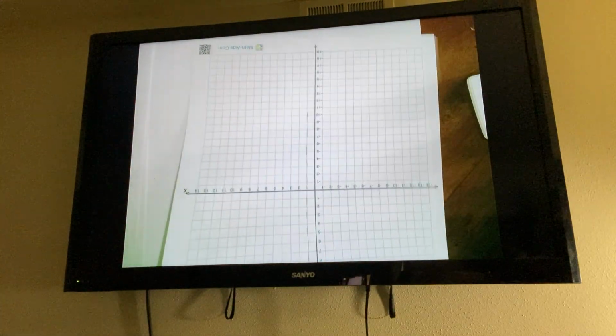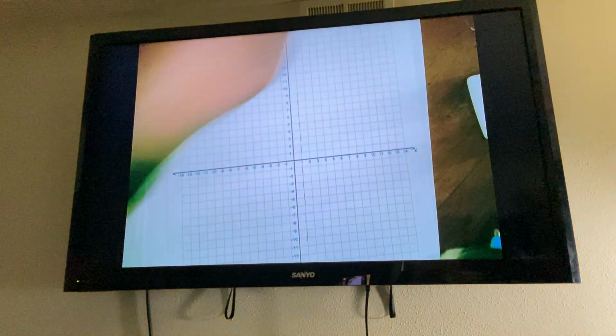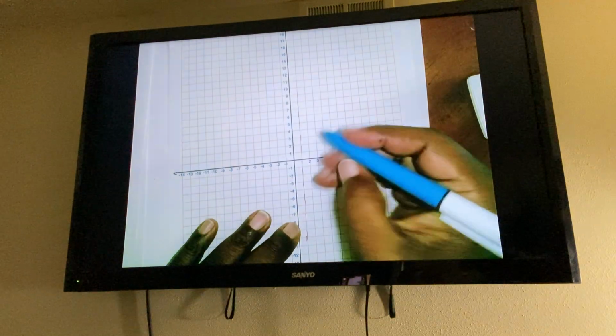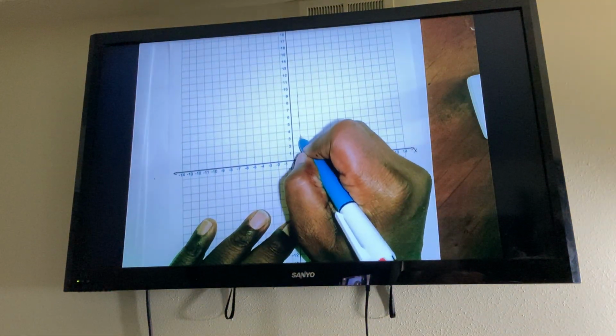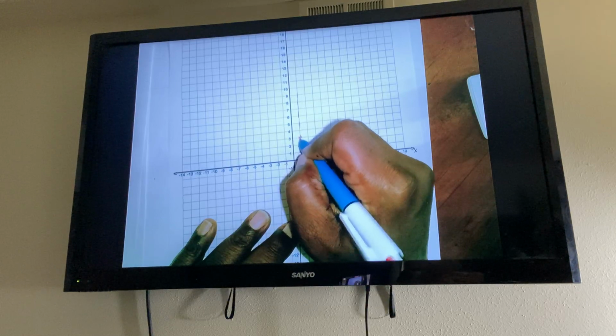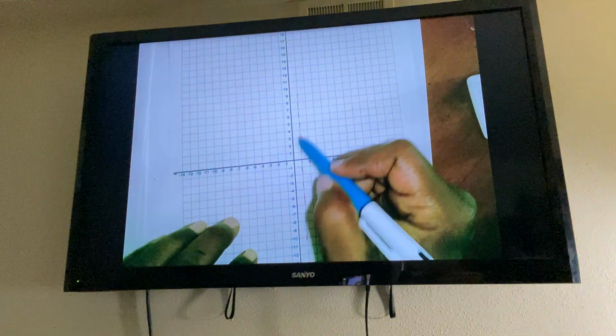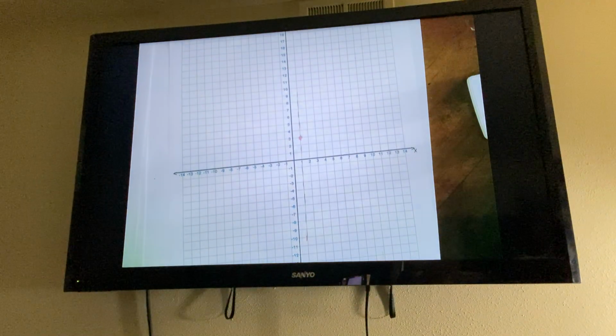Okay, so we go back over. And we go up to 1, 3, and we go over 1, up 3, and we mark our vertex. And we know it's going down. So all we need now is one more thing. Where does it cross the y-axis?